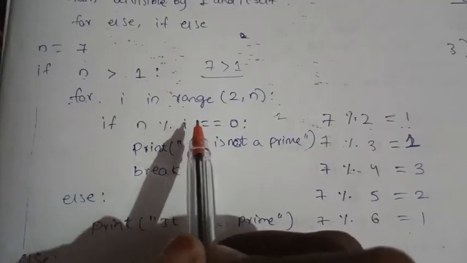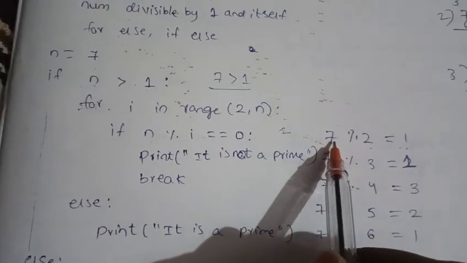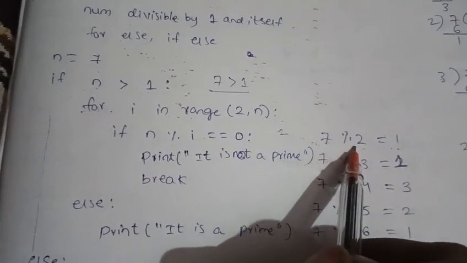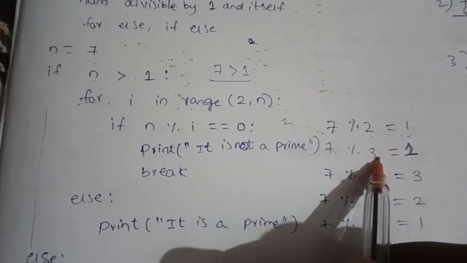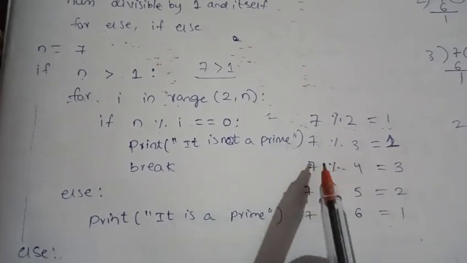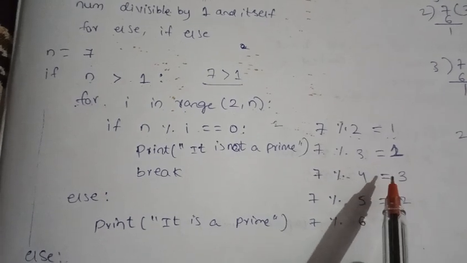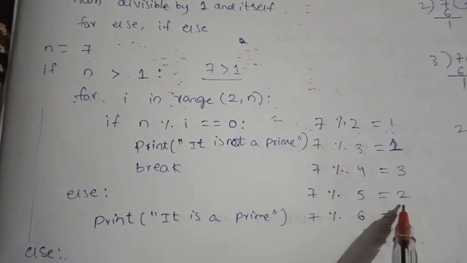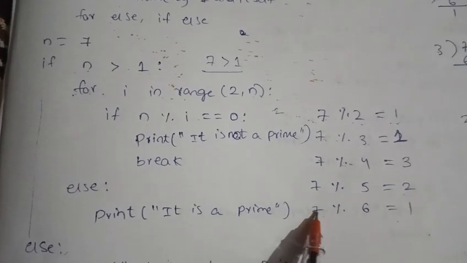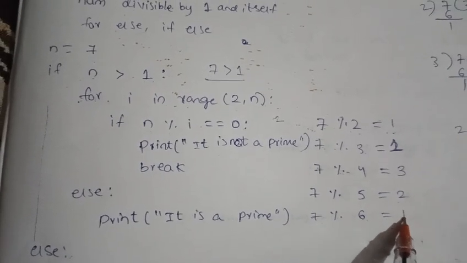Here we have seen that 7 divided by 2 gives remainder 1, by 3 remainder 1, by 4 remainder 3, by 5 remainder 2, and by 6 remainder 1.